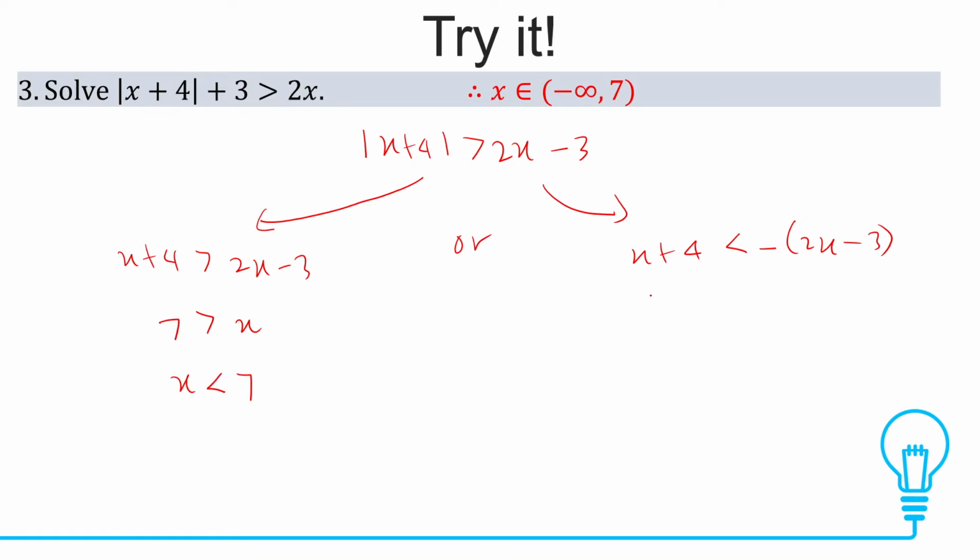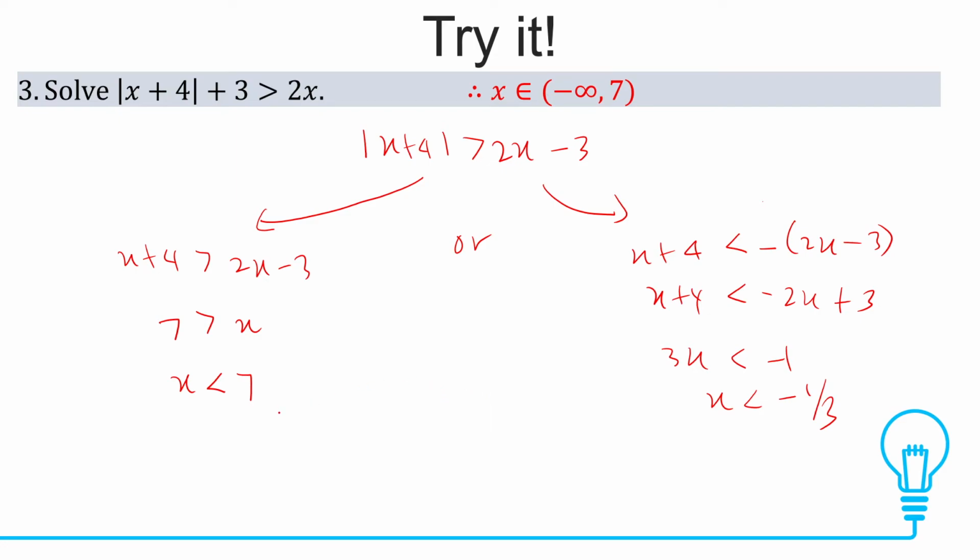And my other side is negative 2x plus 3, so x plus 4. I shift here, 3x less than, this one I shift here is negative 1. So my x is less than negative 1 over 3.